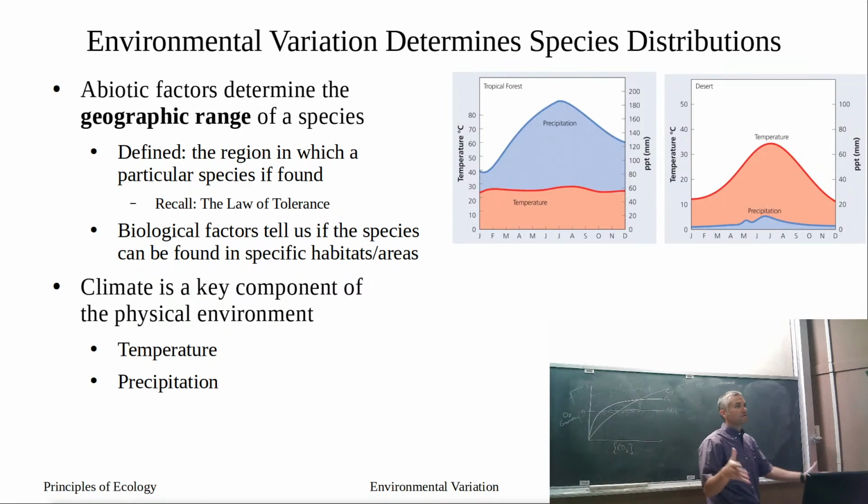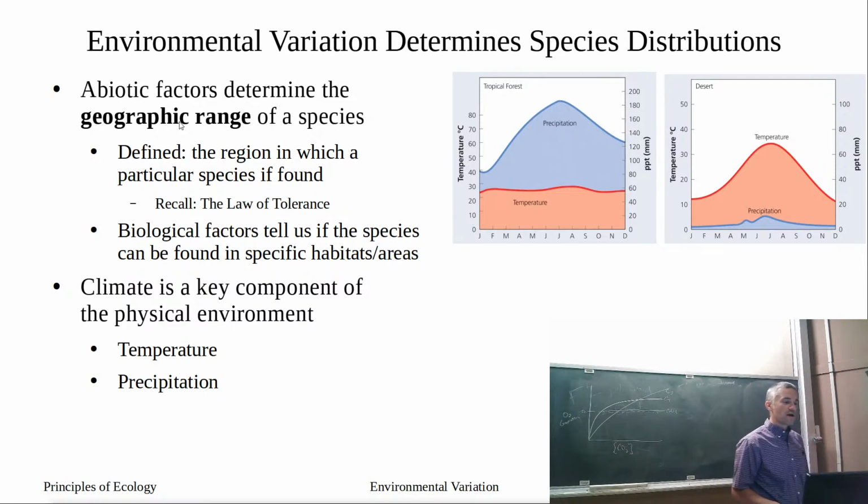Now, just because we're in our zone of tolerance doesn't mean we're going to find our population of interest, because the population also has to deal with all the other organisms that are out there. If their food source isn't there, they can't survive. So our abiotic factors ultimately determine our geographic range of the species.